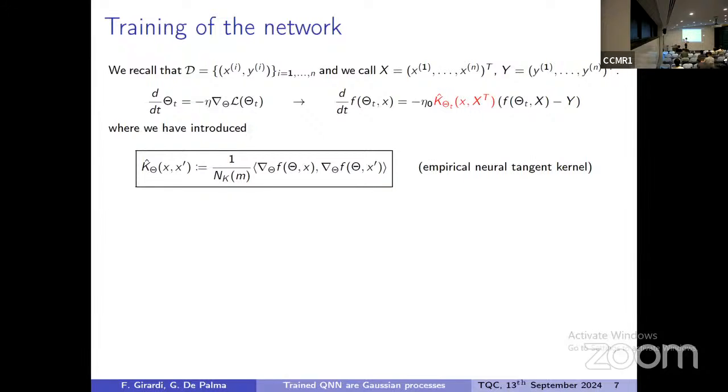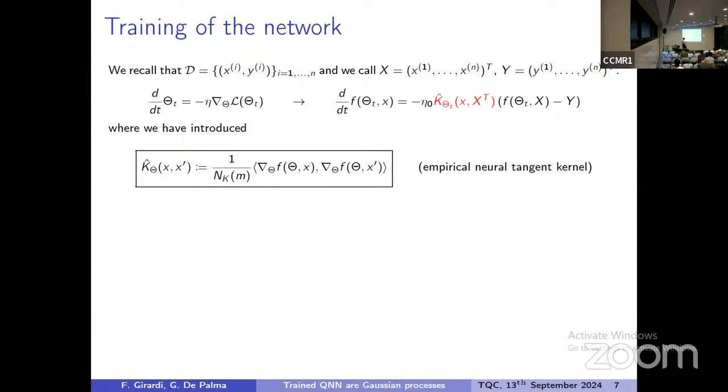So we can just use a simple chain rule in the derivative in order to translate this equation into a differential equation for the function. And as you can see, the protagonist of this evolution is this bivariate function, which is called the empirical neural tangent kernel.